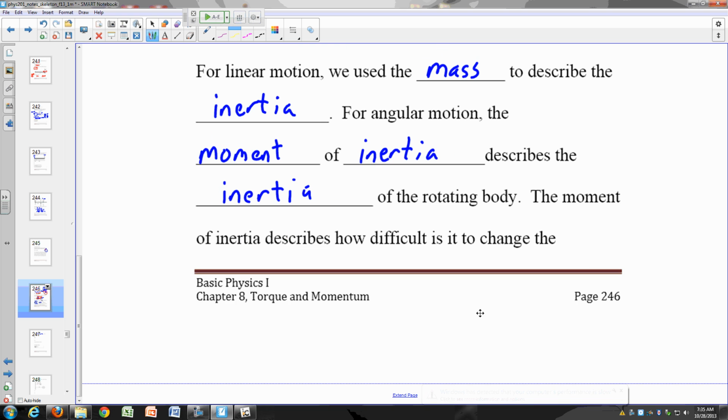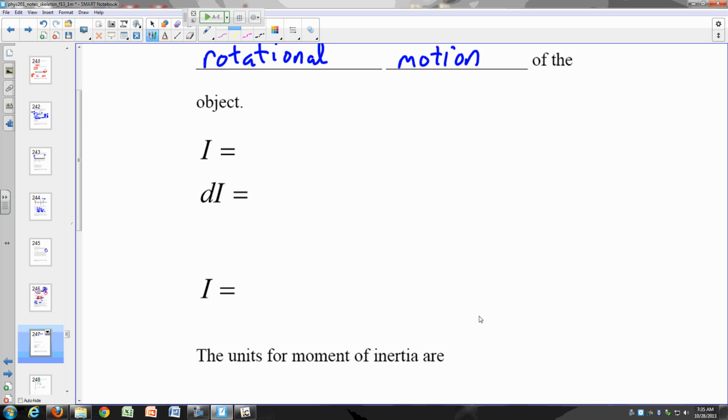So we call this the moment of inertia, which is I, and I is defined as the summation of m r squared. It's the summation from i equals 1 to infinity, because you break your rotating body up into an infinite number of pieces. Those are called infinitesimal elements.